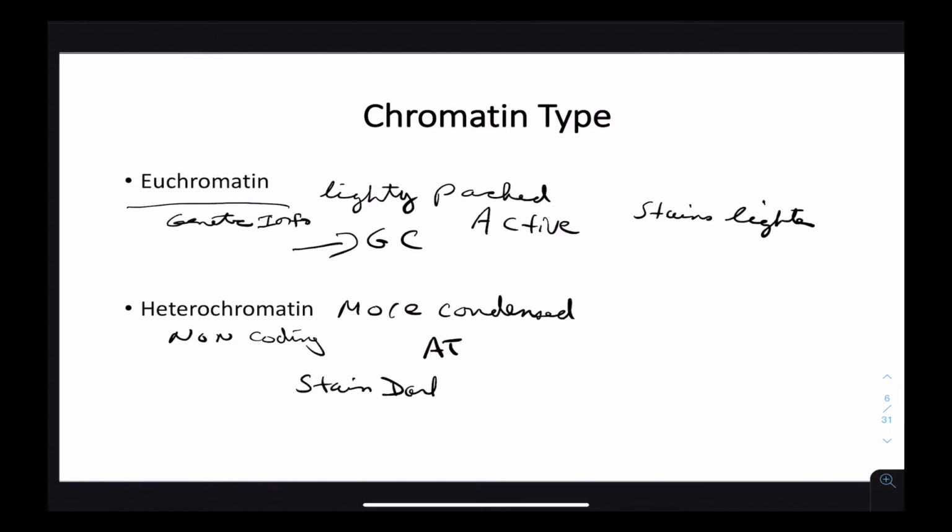Heterochromatin will stain darker compared to euchromatin, which stained lighter. And heterochromatin is much more condensed, and we're going to see that there are two types that we're going to be looking at. Two types of heterochromatin, and we'll talk about that in the next slide.